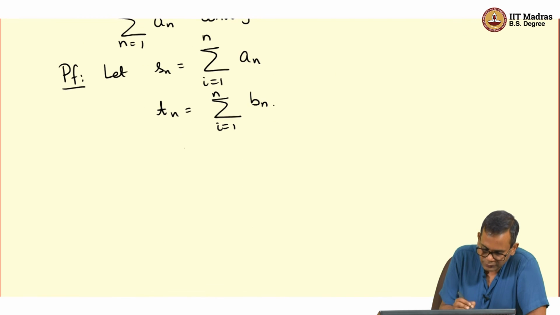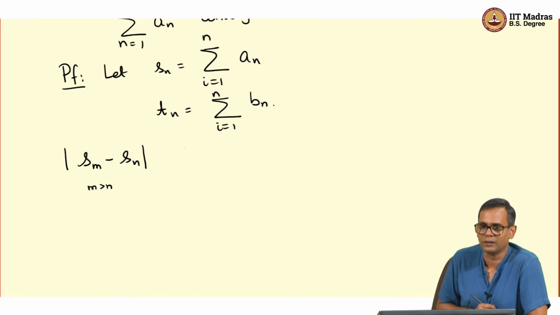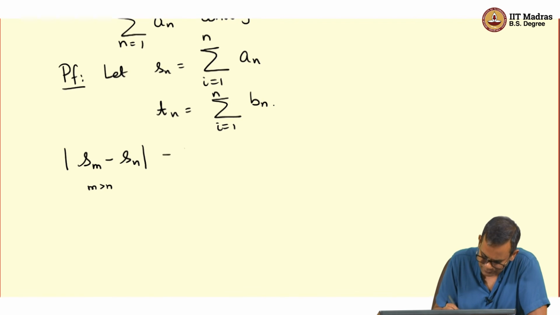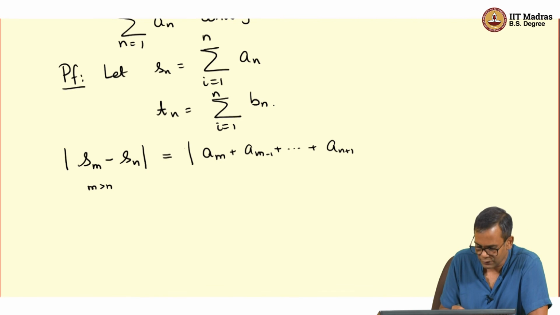So, let us look at the difference between two terms of S_n. So, S_m minus S_n, and for this we may assume that say m is greater than n, otherwise we just reverse the order in which we look at it. Well, what is this? This is nothing but A_m plus A_{m-1} plus all the way up to A_{n+1}, the terms which are accounted for in S_m but not in S_n.